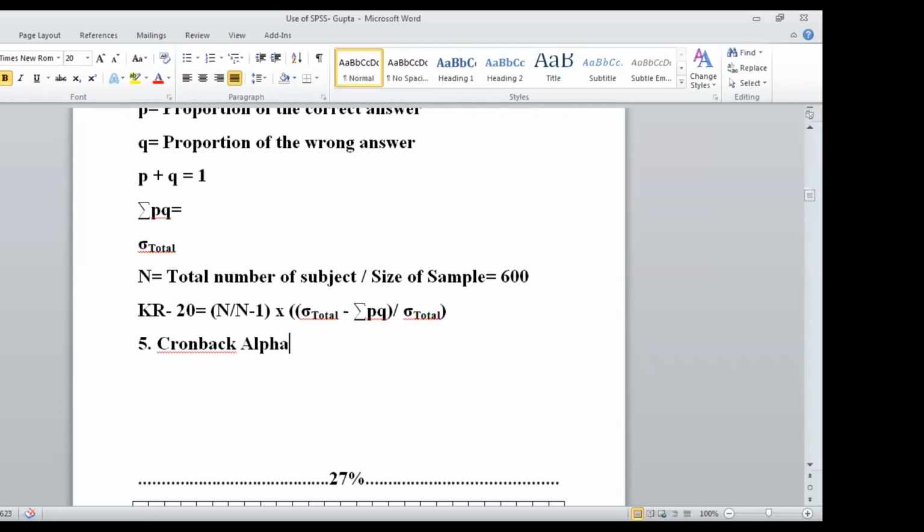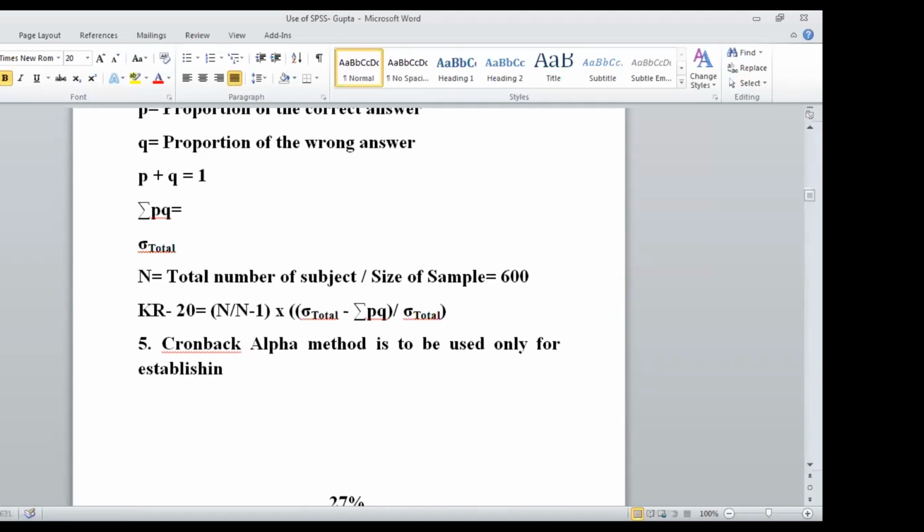See, Cronbach alpha method is to be used only for establishing reliability of scale.